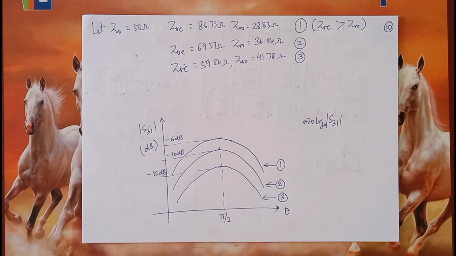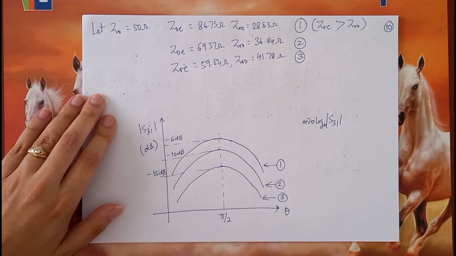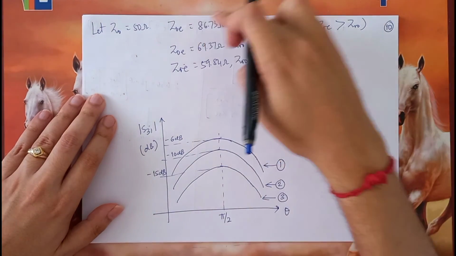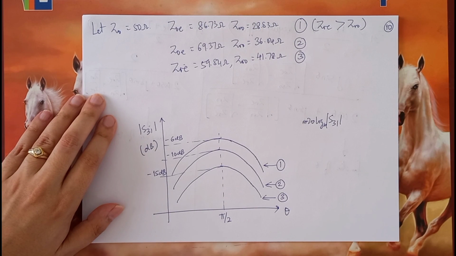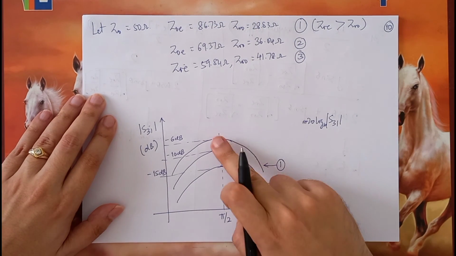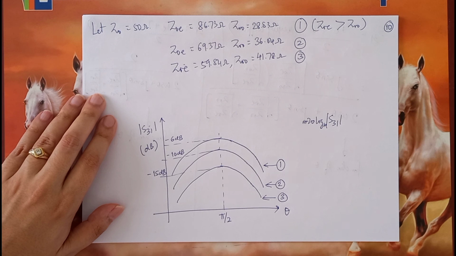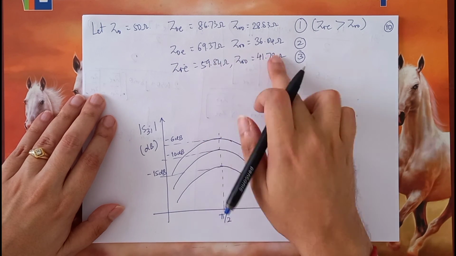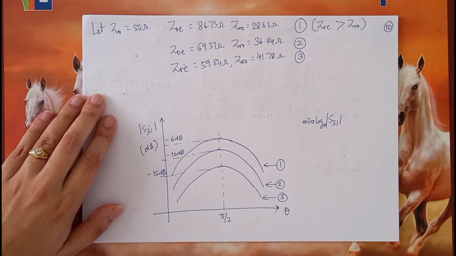Now, this is something very interesting to note. More is the difference between Z0E and Z0O, more is the power that reaches port 3. And closer are the values of Z0E and Z0O, lesser is the power that goes to port 3.